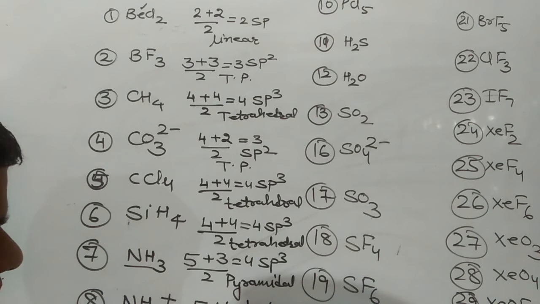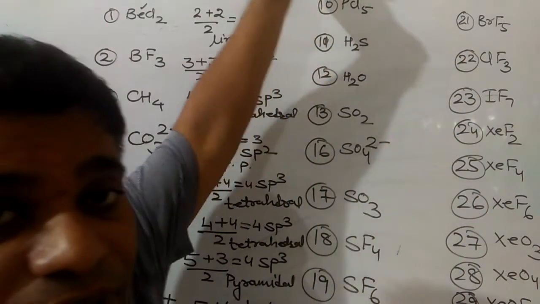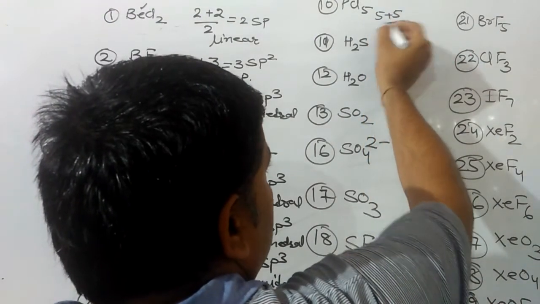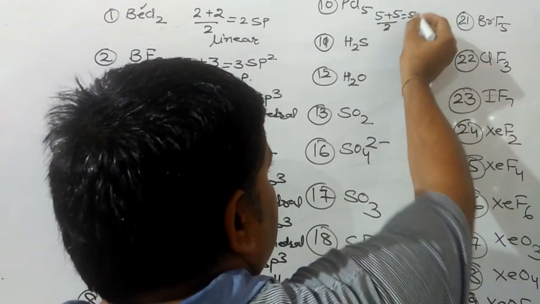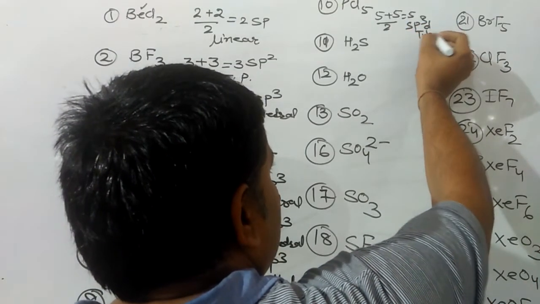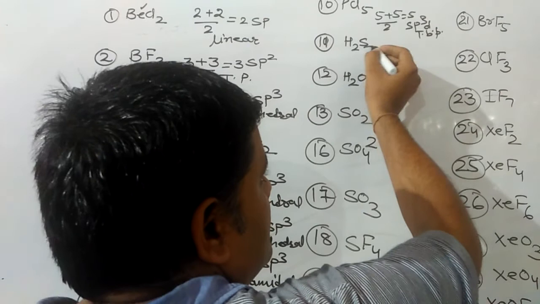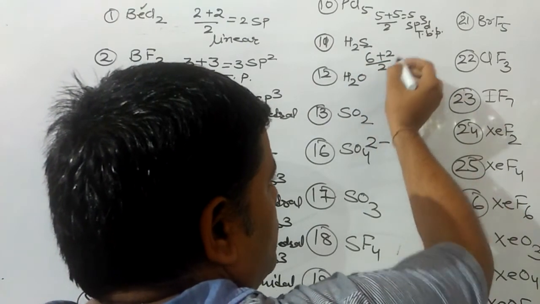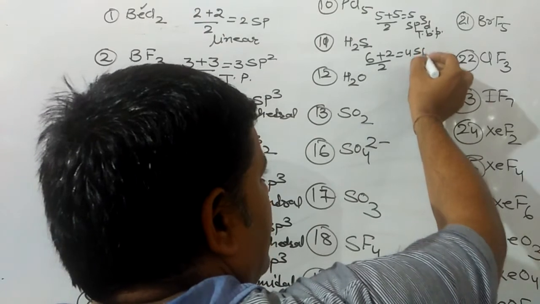For PCl3, it will be 5 plus 3 upon 2, that comes out to be 4, sp3 pyramidal. Same way for PCl5, 5 plus 5 upon 2, that comes out to be 5, so sp3d, and shape will be trigonal bipyramidal.